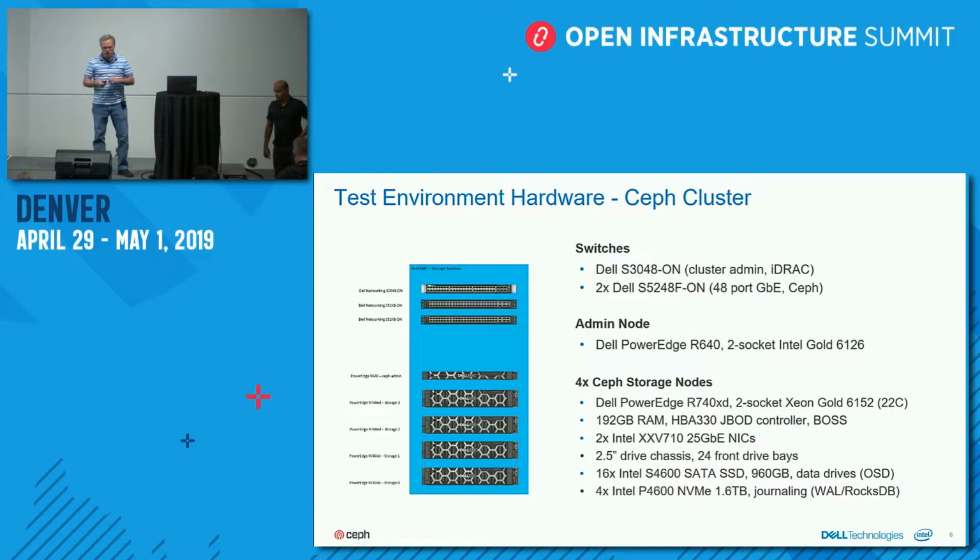The other thing I'd like to call your attention to is that this is 4 Ceph storage nodes, which is what we would think of as a starter configuration. So why 4 nodes? Well, 4 nodes is a nice size for setting up a POC environment. I would say it's an entry-level size for standing up a production cluster.